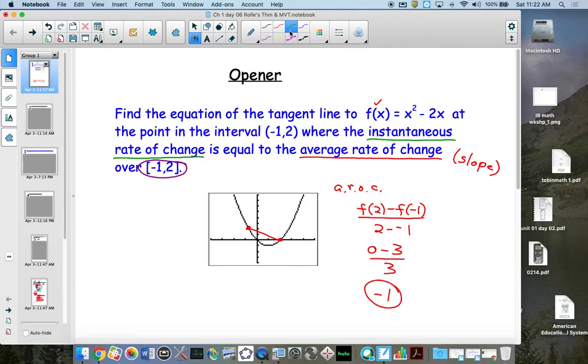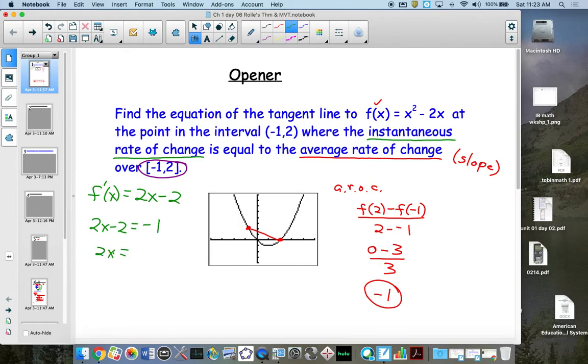Alright, the instantaneous rate of change, well, we know that means the derivative. So our derivative, f prime of x, is equal to 2x minus 2. So we want to know for what x value is the derivative equal to that average rate of change. So we're just going to set 2x minus 2 equal to -1.